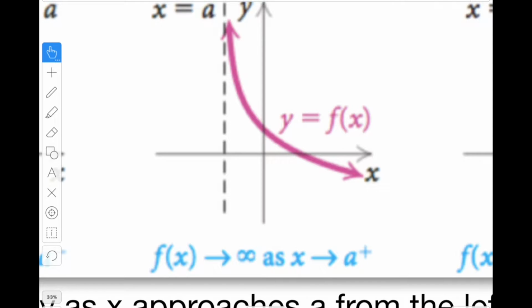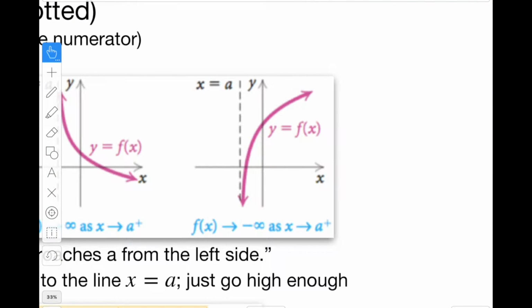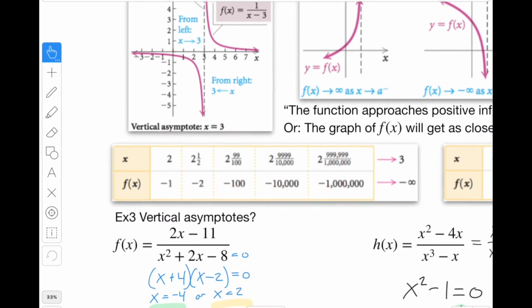F of x approaches infinity as x approaches a from the positive side. And f of x approaches negative infinity as x approaches a from the positive side. That's how you can say those things when you're dealing with vertical asymptotes.